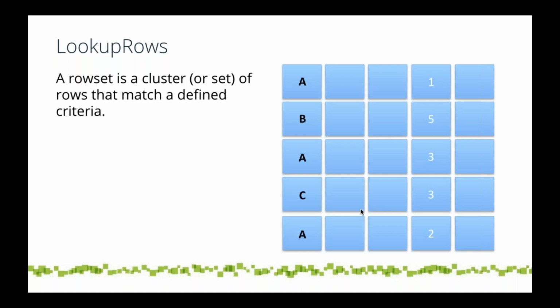The lookup rows function is a function that, given a data extension, this one on the right is my data extension, for example, is going to return a row set, which is a collection of data. Think about it as returning a spreadsheet, with column names and data and cells.